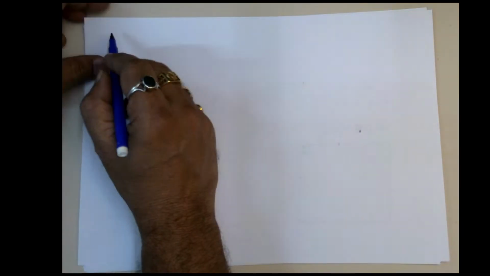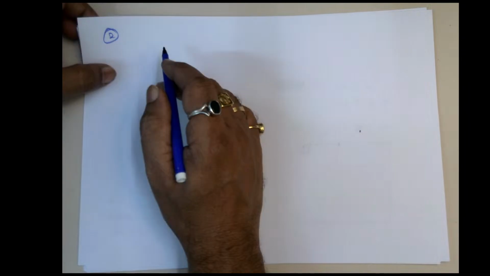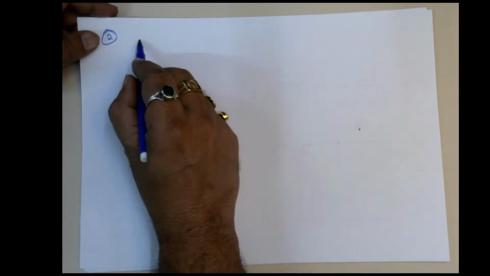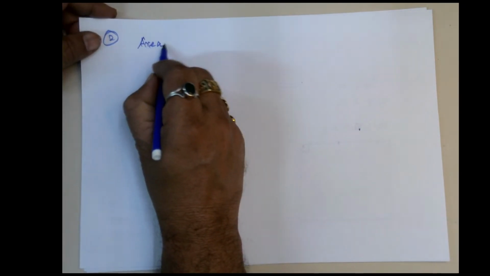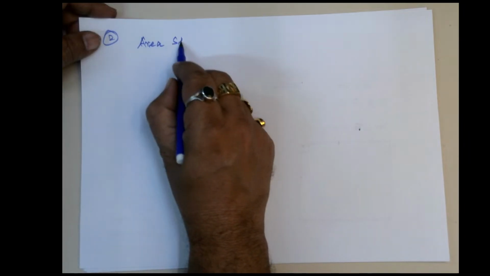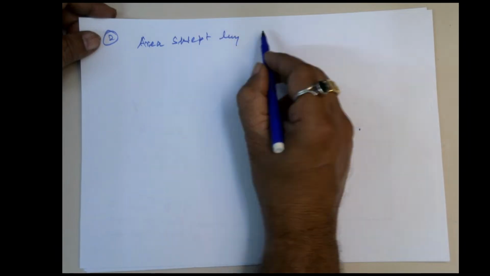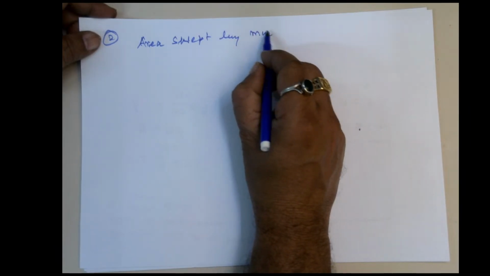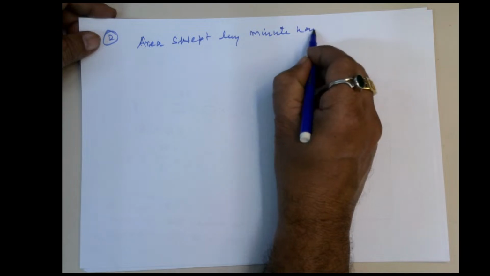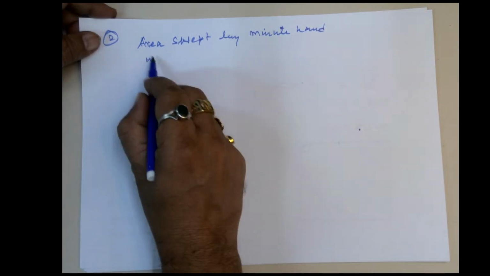Second question is, what is the area swept by a minute hand in a clock?